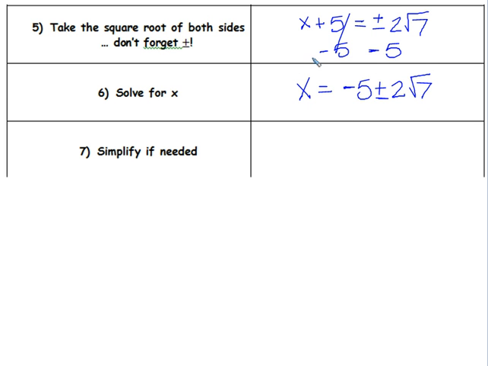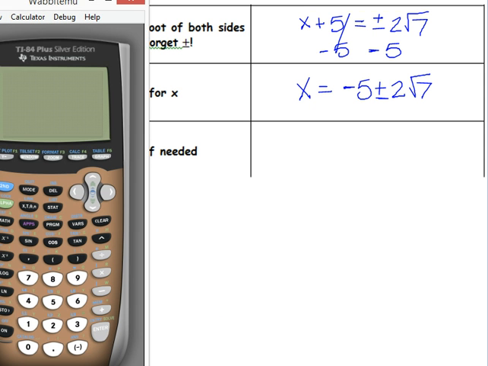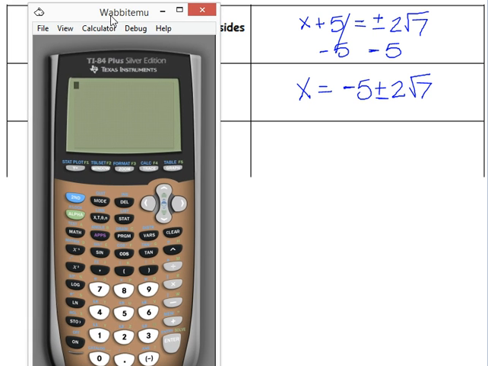Now some of you can leave your answer like this. I know a lot of you like to leave your answer like this, but just like when we graph, sometimes we're going to have to simplify it just a little bit further. We might have to use a decimal to help us graph it. So let's actually see what this turns out to be when we use our calculator. So we'll bring that up.